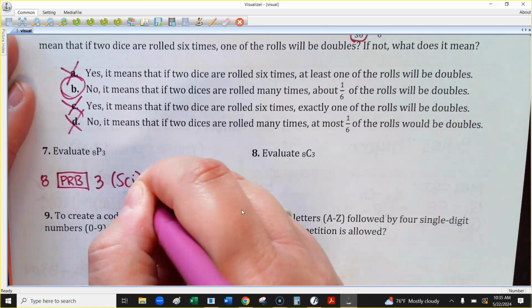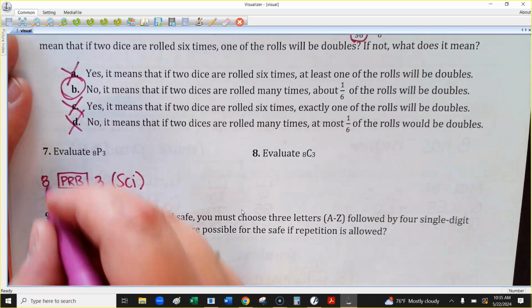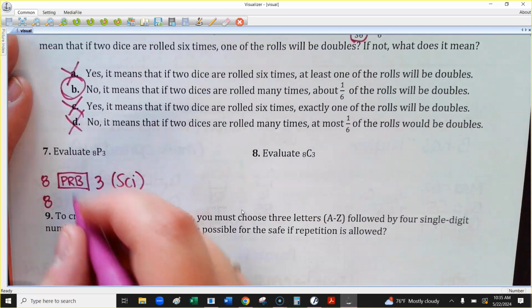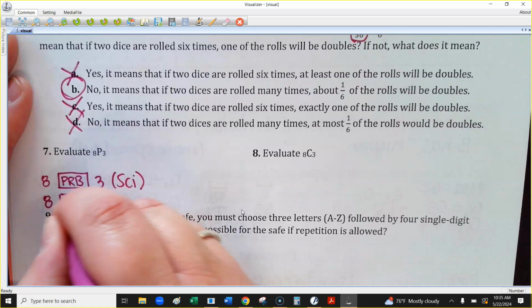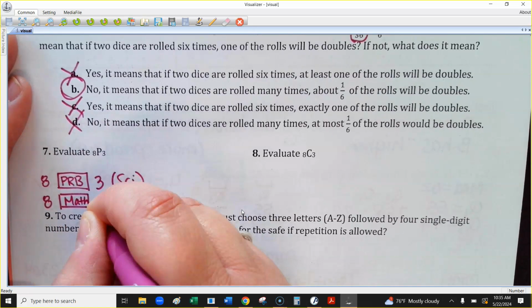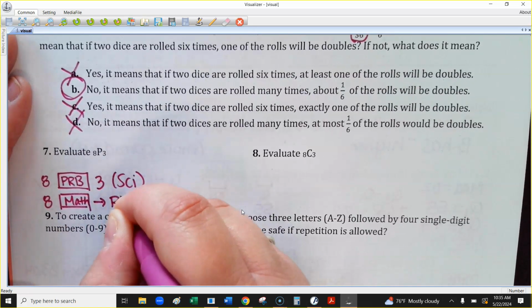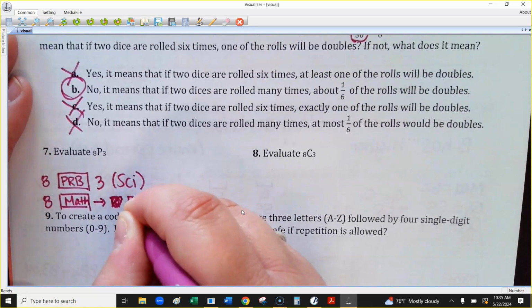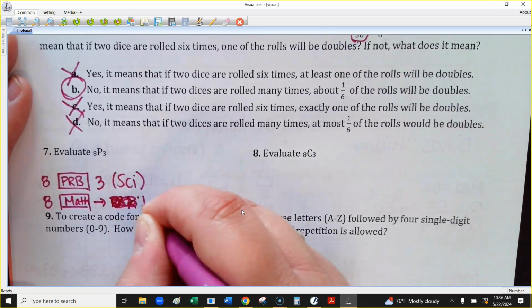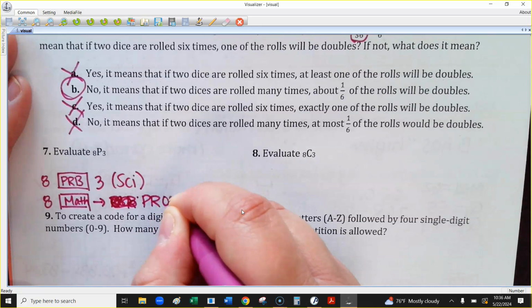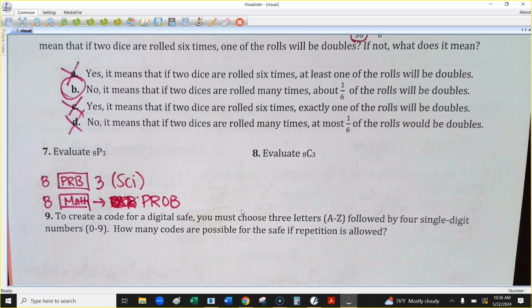If you have a graphing calculator, you're going to type the first number, hit math, and arrow over. Some of them say PRB and some of them say PROB. It just depends on which calculator you have. I've got my graphing calculator up here, so I'll show you mine.